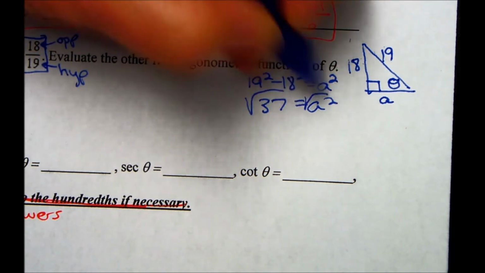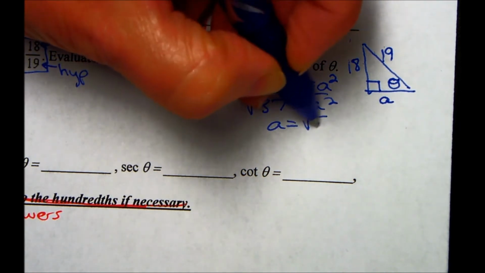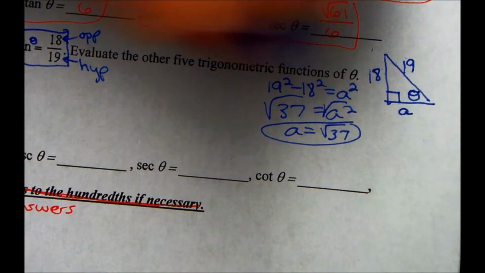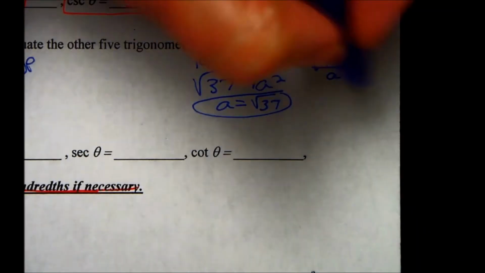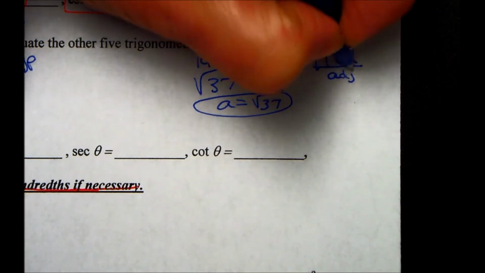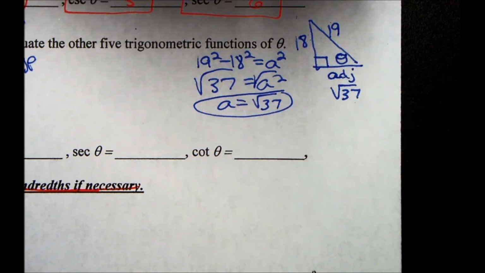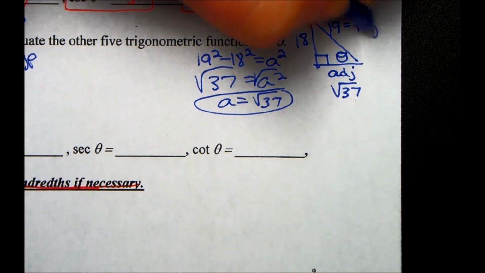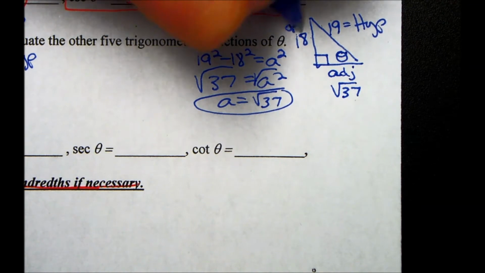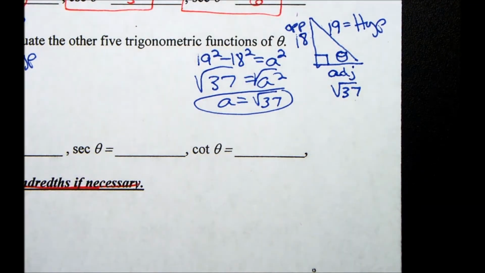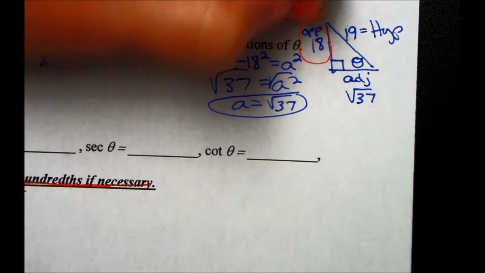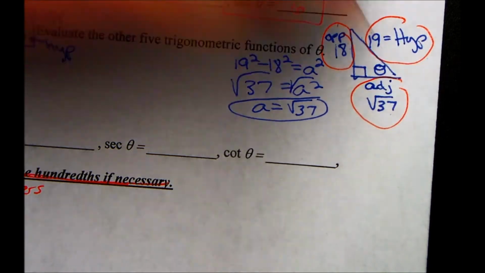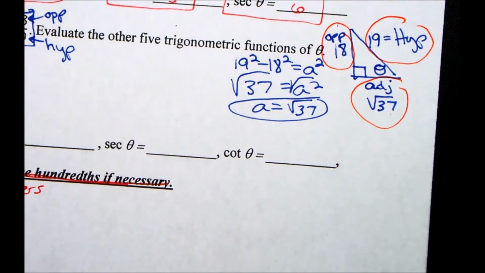And then when I take the square root of it, I get A equals the square root of 37. So my adjacent side is square root of 37. The 19 is my hypotenuse and the 18 is my opposite. Again, those are going to be the values that we're going to use in all of our trig functions.